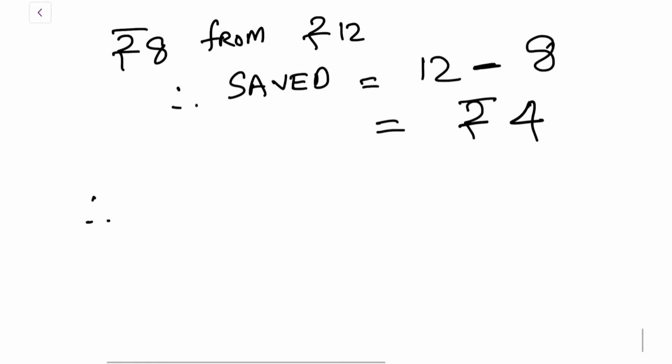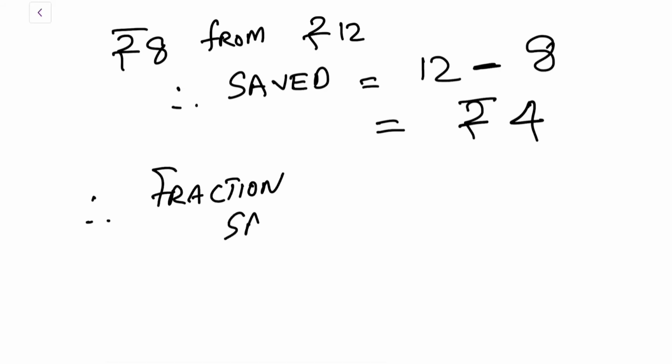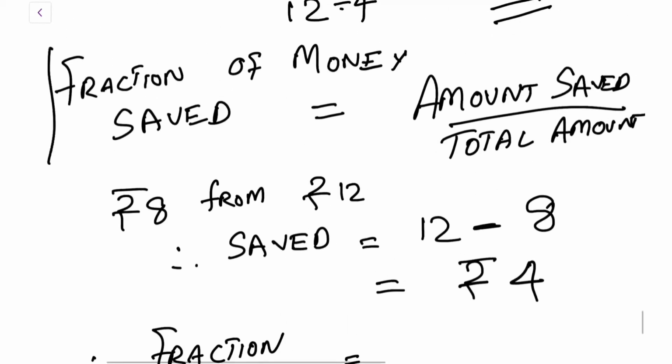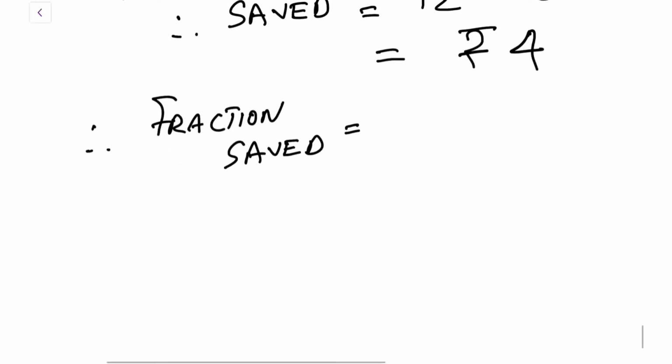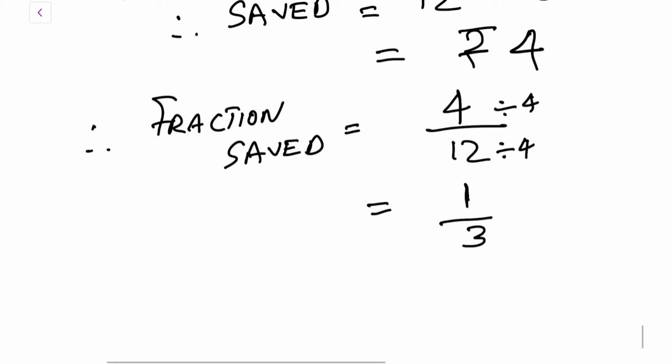Now, fraction saved will be, we are using this formula: amount saved divided by total amount. Amount saved, we got it as 4 rupees and the total amount is 12 rupees. And 4 is the HCF, divided by 4, that becomes 1 by 3.